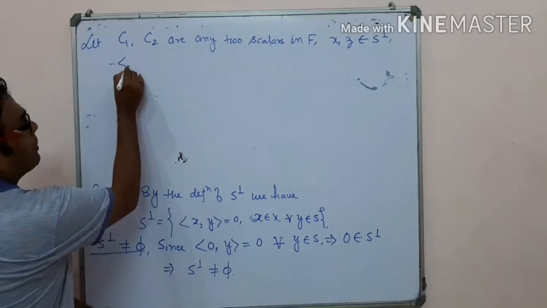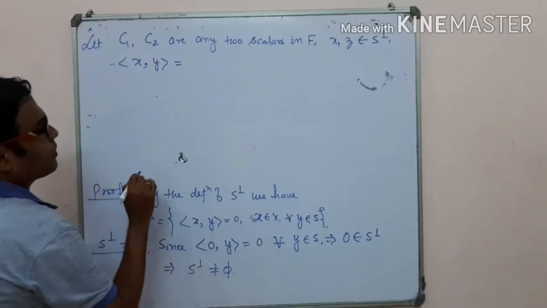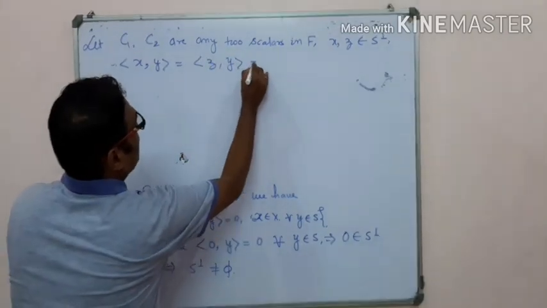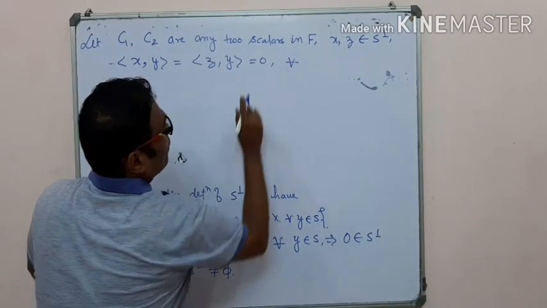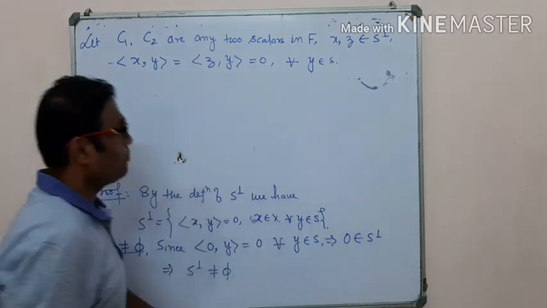Then by the definition, the inner product of X comma Y is equal to the inner product of Z comma Y, which is equal to 0 for all Y belonging to S.